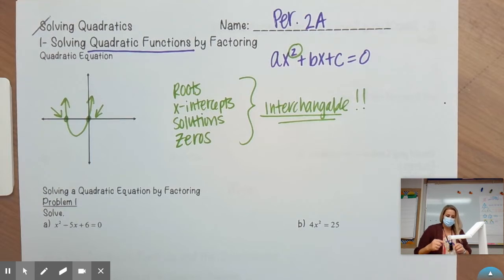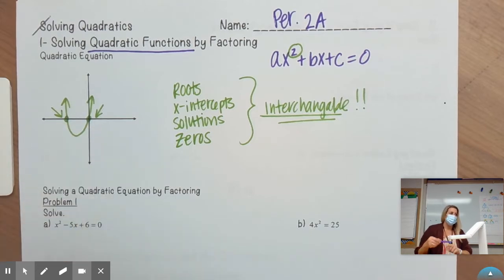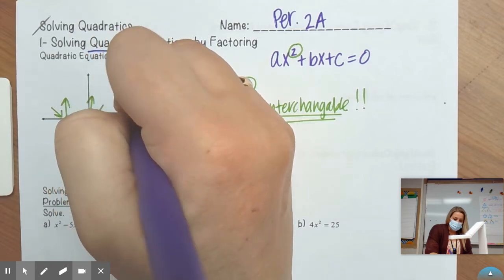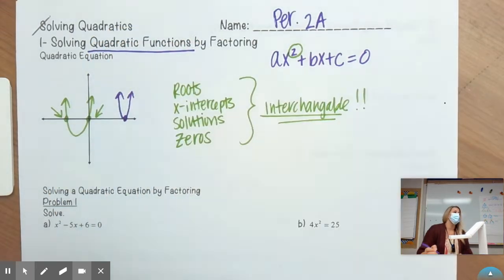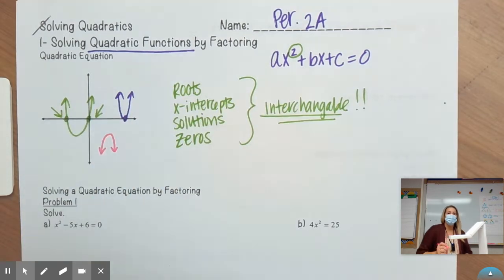Okay, so we could have 2 solutions like we have here. So this is a parabola that represents 2 solutions. We're also going to see that sometimes they might have 1 solution. And sometimes they might be something like this, where they have no solution.